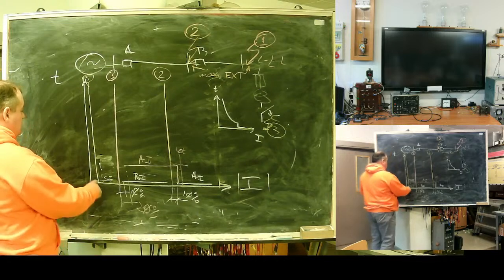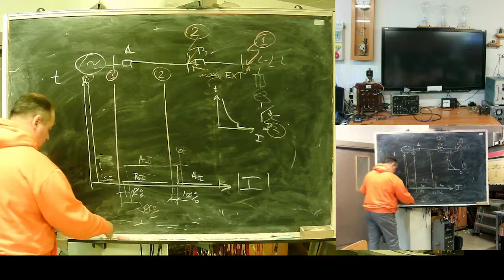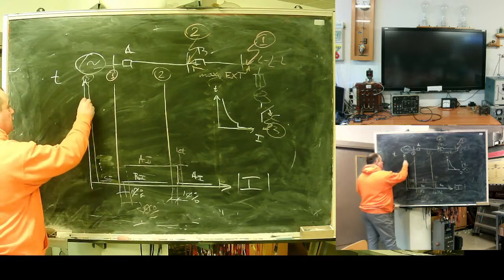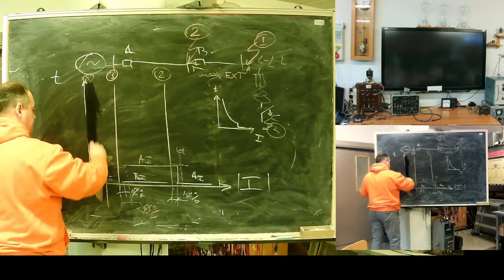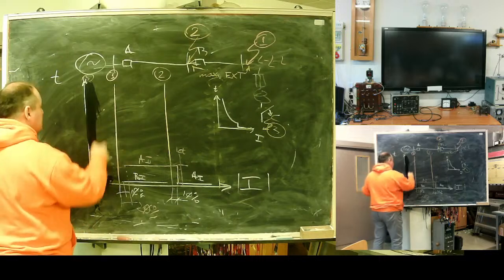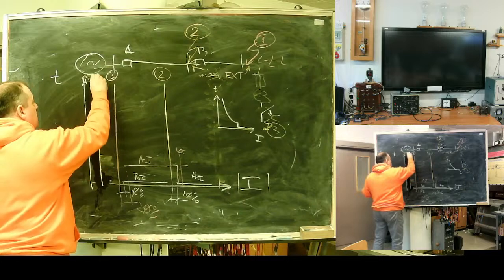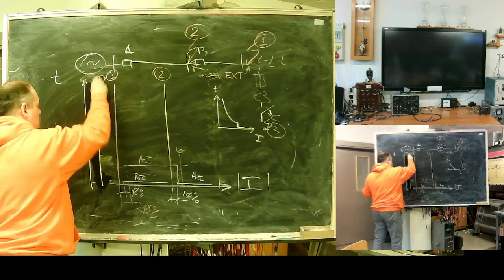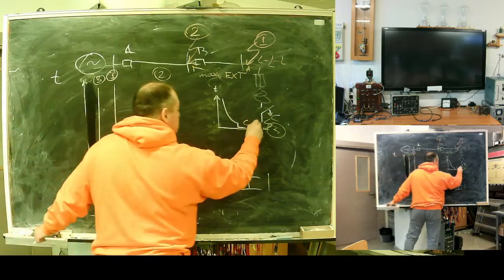It's an external, so I need the blue one. I left myself no space. I will do it. Oops. This is number 3. This is instant C1. This is C1.